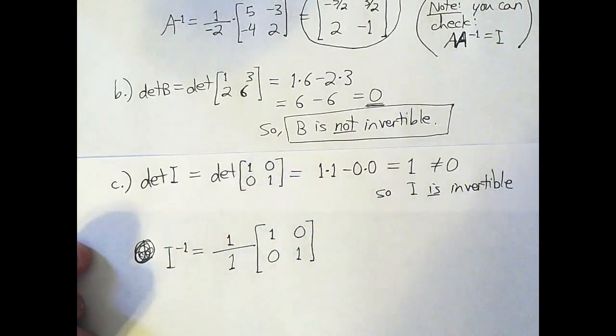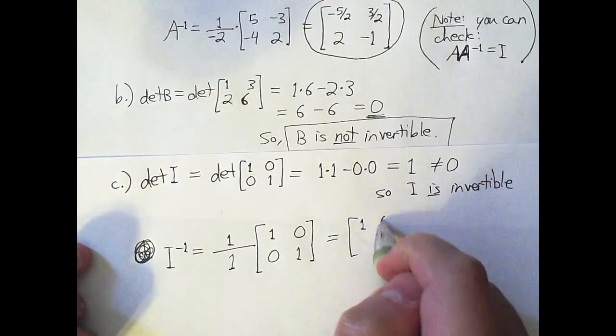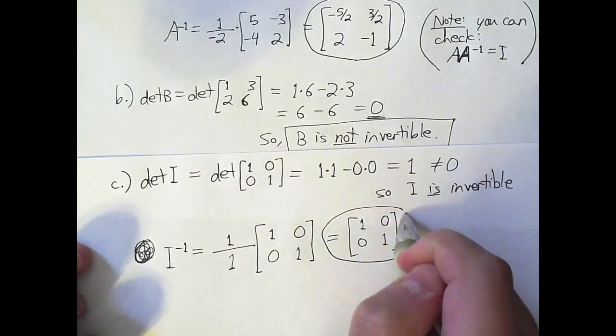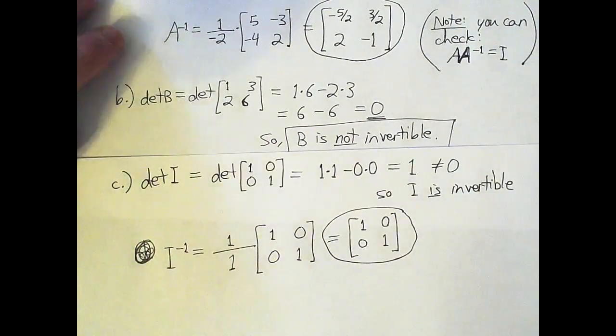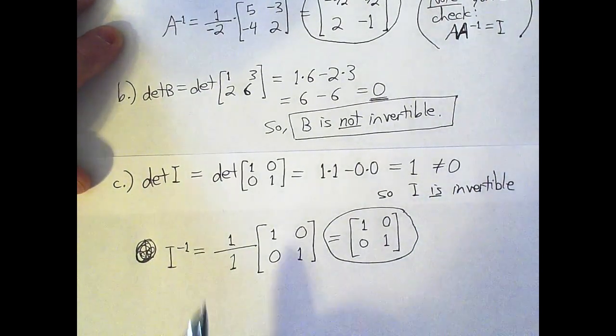It's like A and D swapped places. B and C got negatives in front of them, but negative 0 is 0. So you just get the identity matrix again. That is the answer to part C. So what we just found is that the identity matrix is its own inverse.